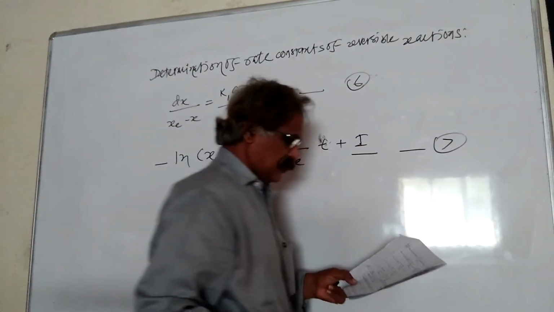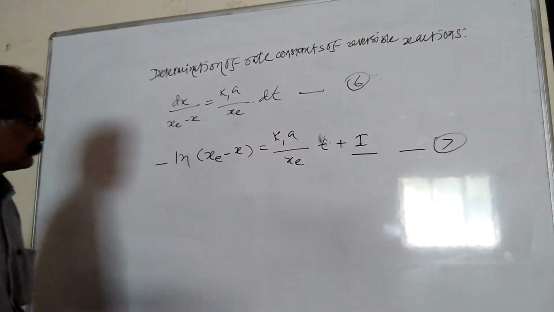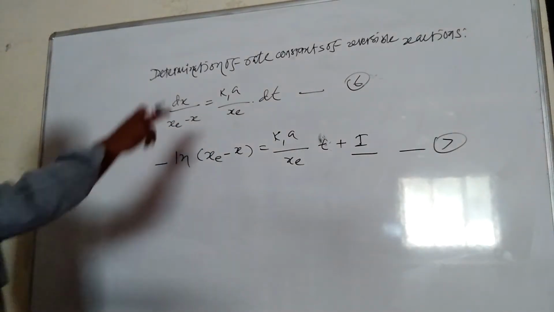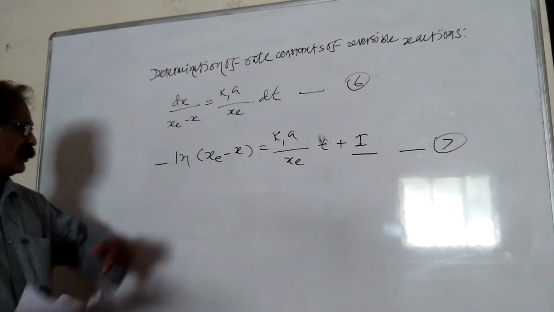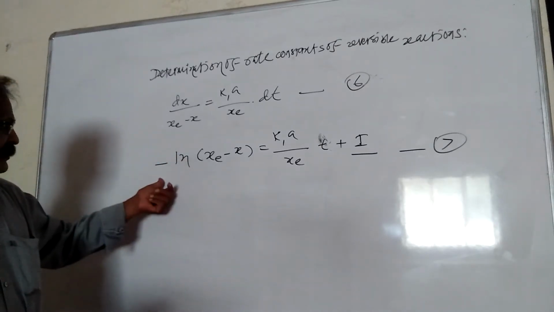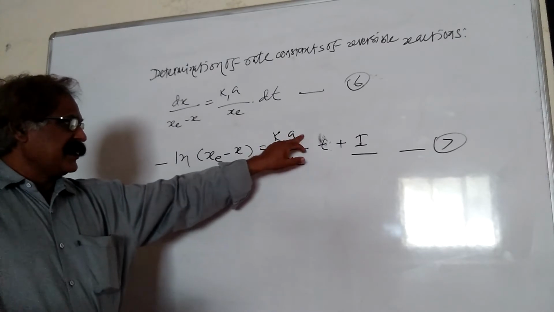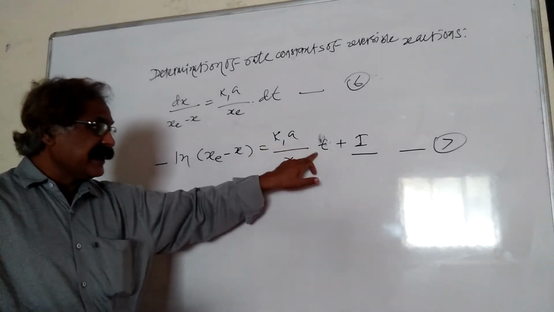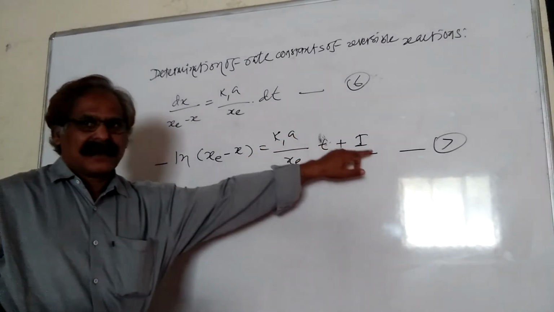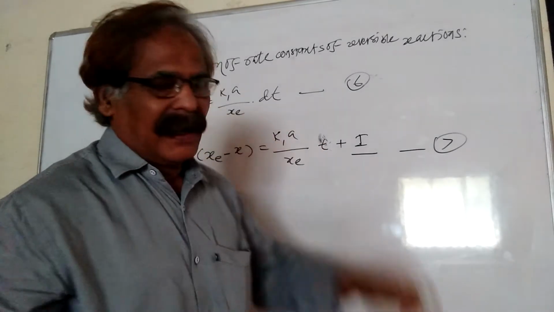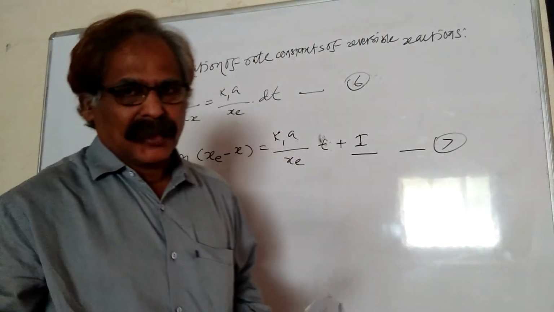Let us know this is equation number 7. Okay. So on integrating equation number 6, what we got? We got minus natural logarithm of (xe minus x) is equal to K1 into a upon xe into t plus I. What is I? Integration constant.